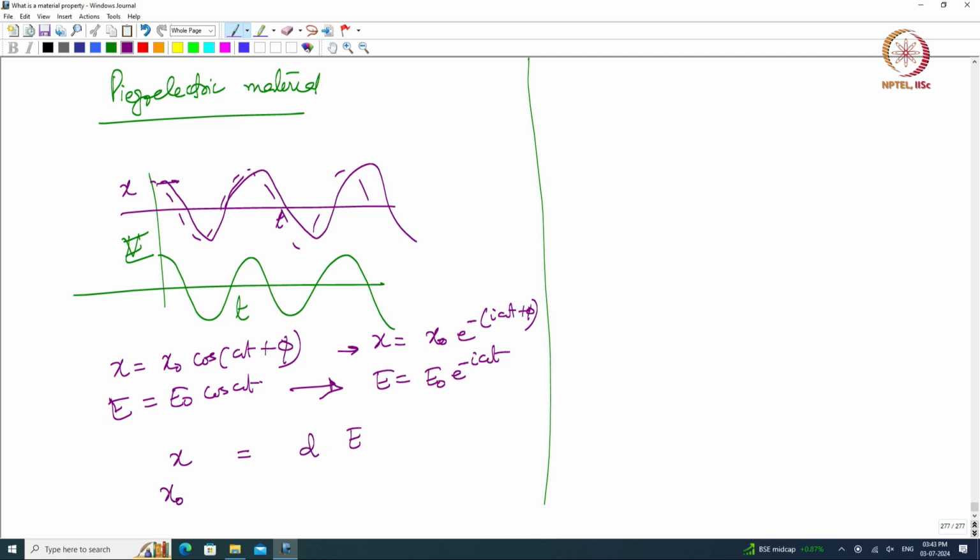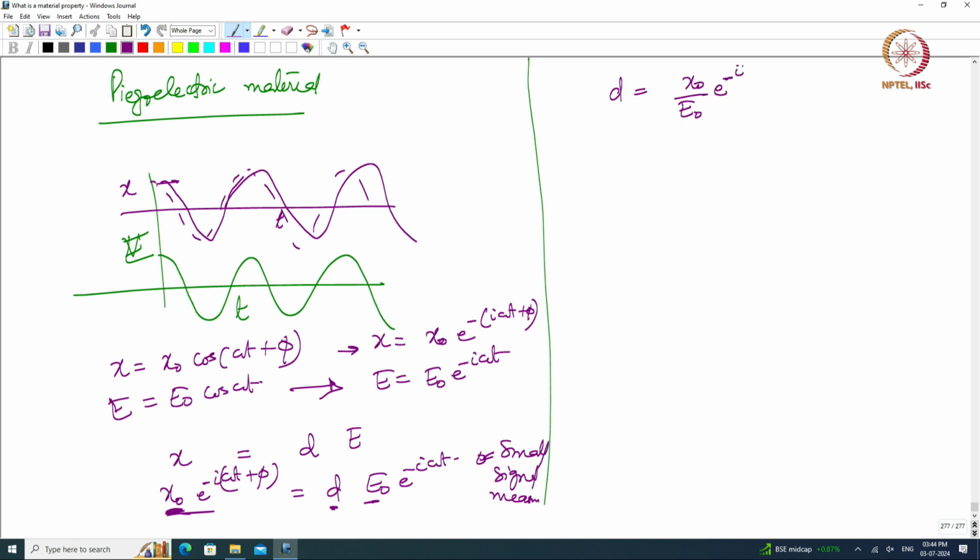So x naught e^(-i(omega t plus phi)) equals d times E naught e^(-i omega t). I just said x divided by E: the amplitude of x variation versus the amplitude of E variation should give me the piezoelectric coefficient in a small signal measurement. So, in the small signal measurement scheme, I have d equal to x naught by E naught e^(-i phi).